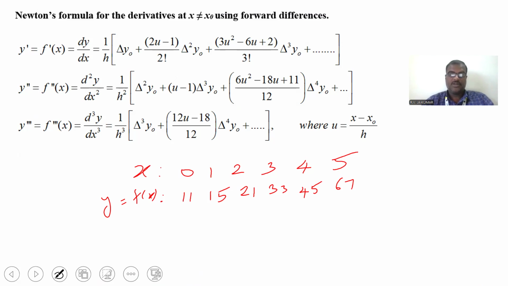For that, we have to identify the derivative value. We have to identify the derivative at x equal to 0. They're asking to identify the y dash value or y double dash value at x equal to 5.